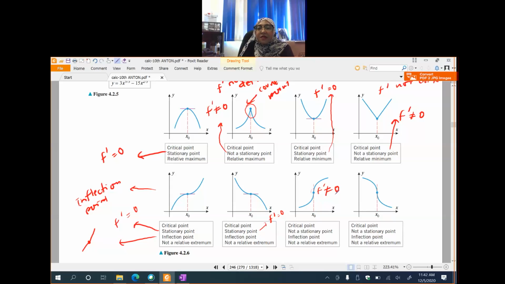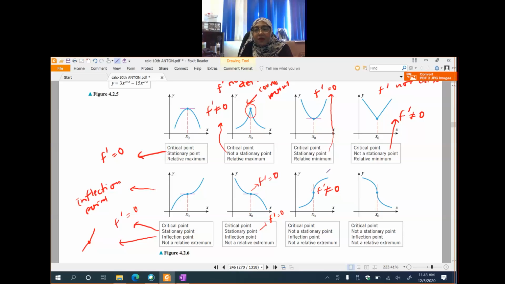This is a stationary point because f prime is equal to 0 over here. But for this one, f prime is not equal to 0. But it's also an inflection point because it's increasing and then increasing.